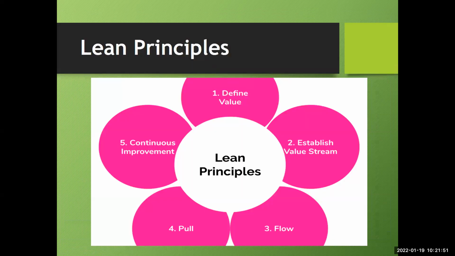Talking about the 5 lean principles developed by the Toyota Corporation. One more thing, researchers practicing nowadays, thinking about sustainability, quote that without lean thinking we cannot achieve sustainability. The first lean principle is define value.